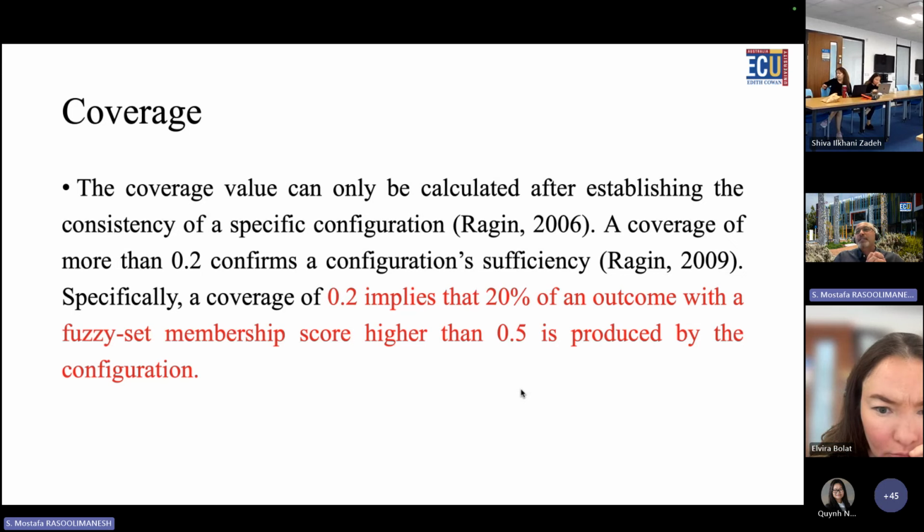So this is similar to the value of coverage. The threshold for coverage depends on your area of research, and this can vary for different areas of research and disciplines. But overall the literature says less than 0.2 cannot be accepted, but some literature proposes higher values, for example, 0.4 or 0.5.